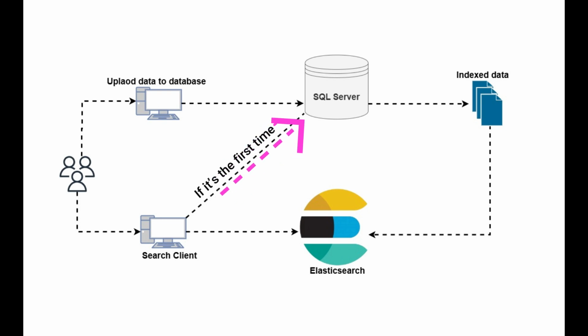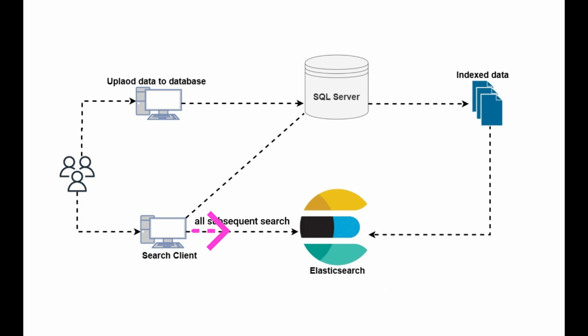If it's the first time a query is made using the search client, the system fetches data from the SQL database. The data is then indexed in Elasticsearch, making future searches faster. This indexing process involves converting structured data into a searchable format optimized for full-text search. Elasticsearch acts as a secondary database specifically for search queries. It provides efficient near real-time search results by working with indexed data.